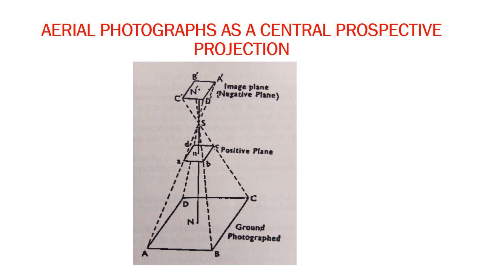Next we are going to see some elements of aerial photograph. First one, photo nadir. The point on the ground where the projected ray is perpendicular through the perspective center is called the ground nadir point, and the same point on the photo plane is called the photo nadir point.